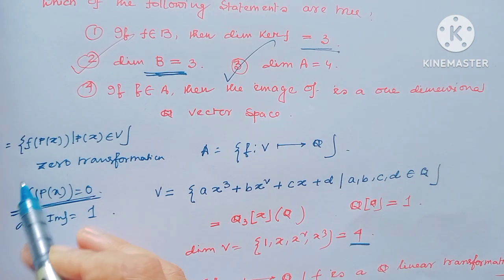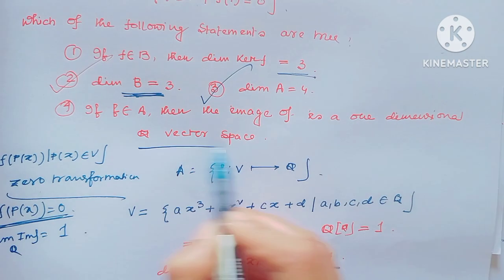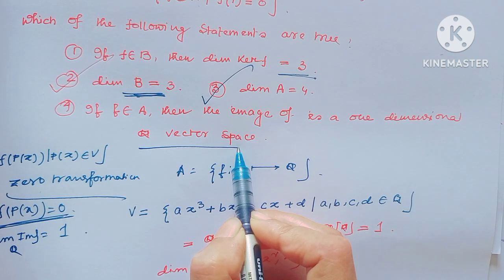For this transformation, the image of f is not a one-dimensional vector space. This is wrong.